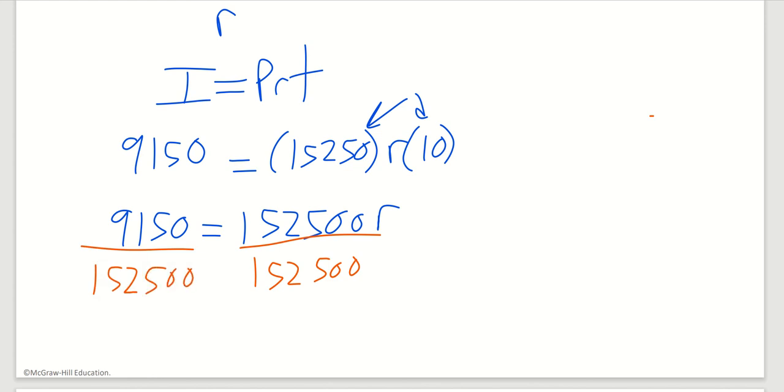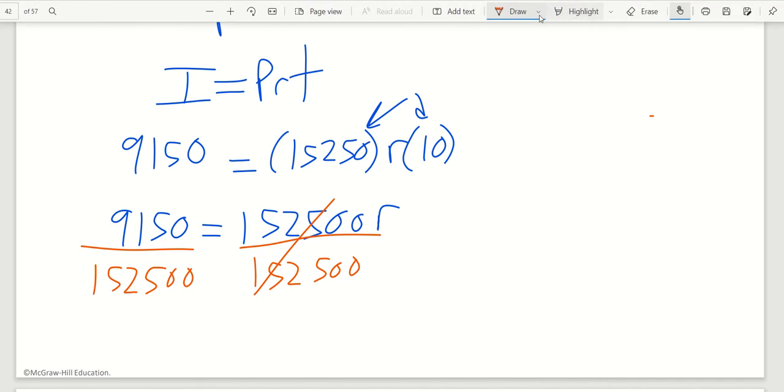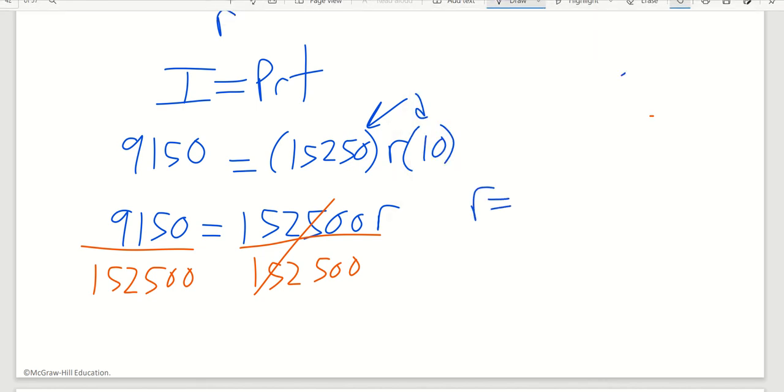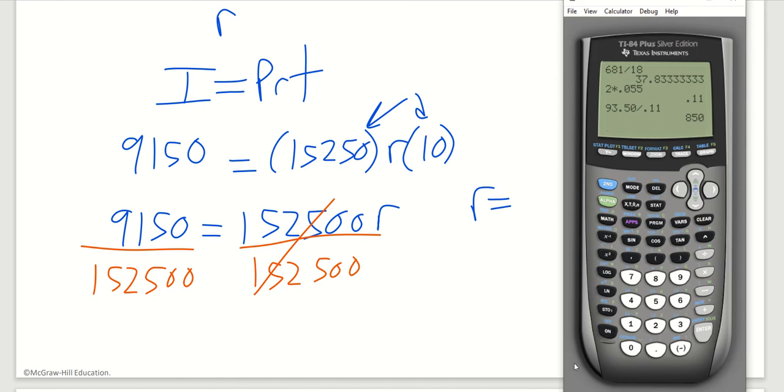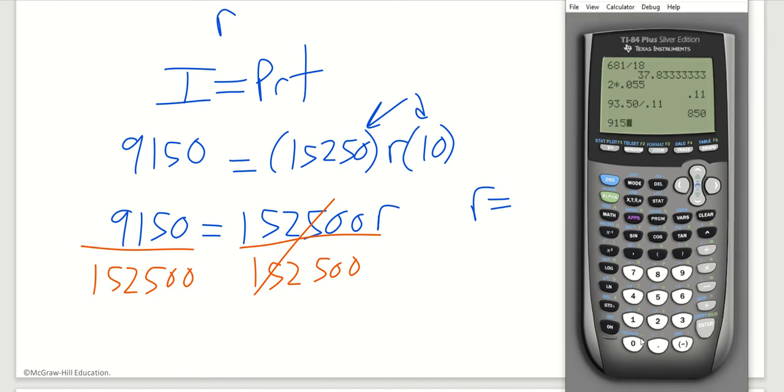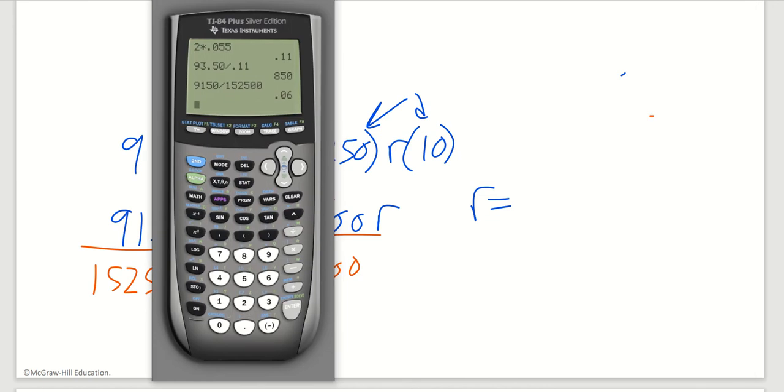Again, the whole idea is on the left-hand side, these things cancel. And so we're going to get R equals, if I take 9,150 and divide it by 152,500, we would get an R value of 0.06.